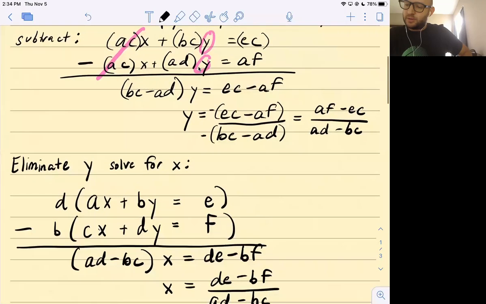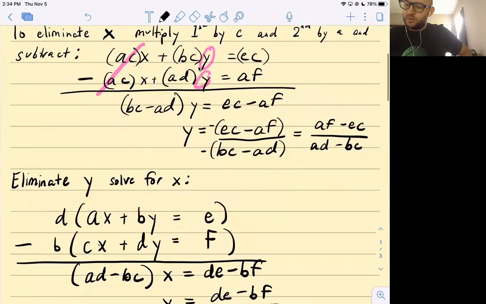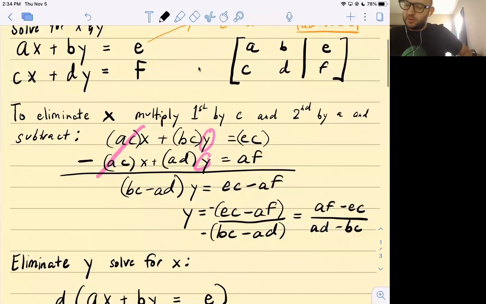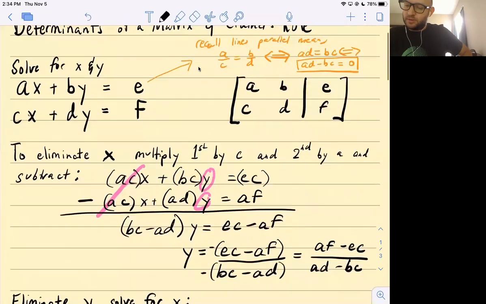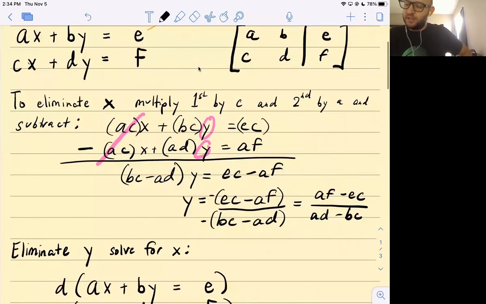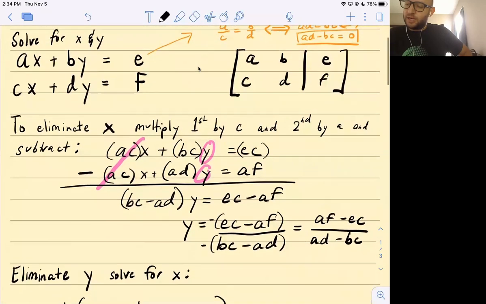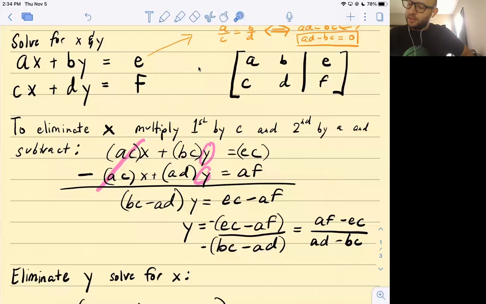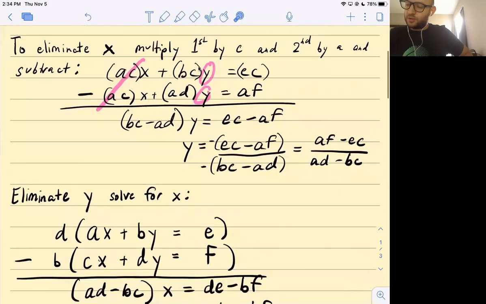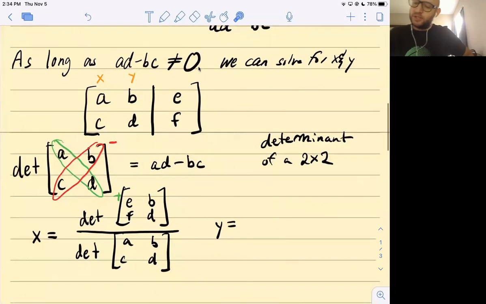Did I do something wrong here? F replaces D. Oh, no, that's right. F replaces D and E replaces B. Looking at it over here, you can see F takes the place of D. So F gets moved to here, and E gets moved over here, and you can take the determinant of that result.